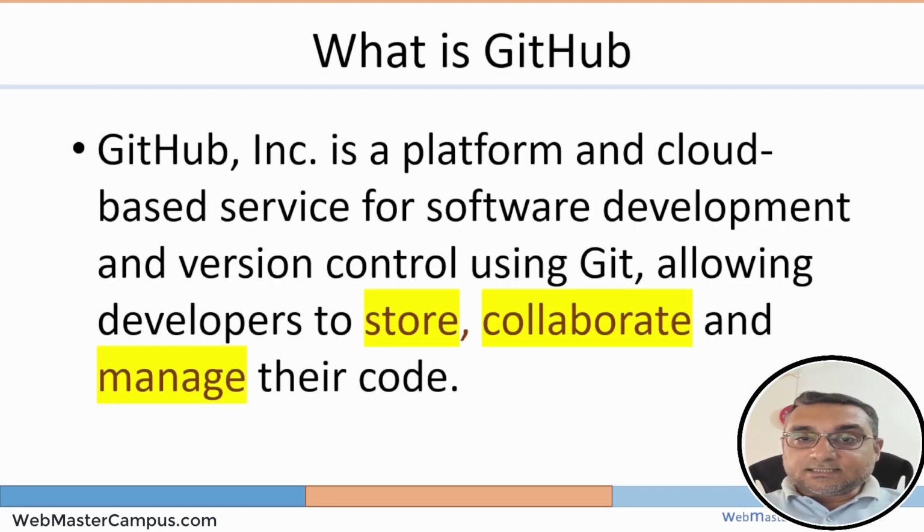So what is GitHub? GitHub is a platform and cloud-based service for software development and version control using Git, allowing developers to store, collaborate, and manage their code. It is critical to understand that whatever changes you are going to store will be available on GitHub.